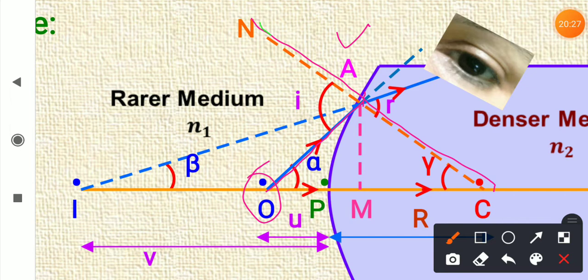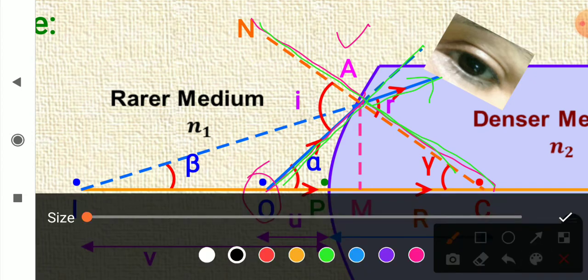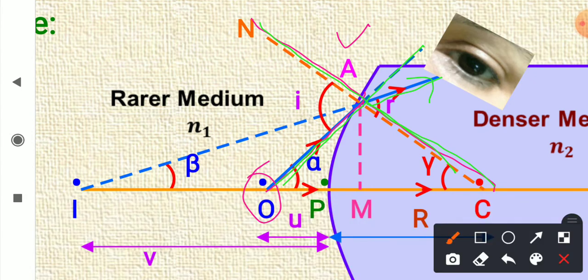The original path of light is this one, so in the denser medium it bends towards the normal. This is the normal position, it is bending towards the normal, but it is not bent enough to move to this side.